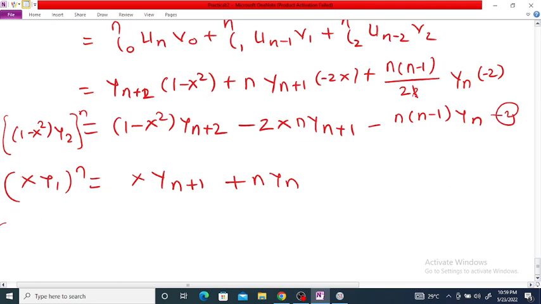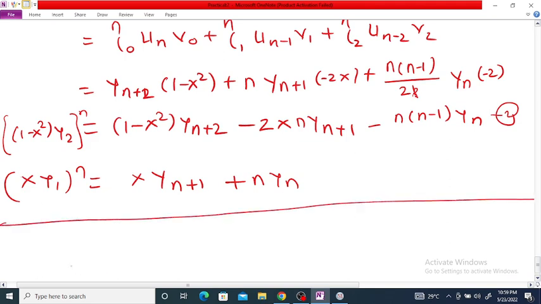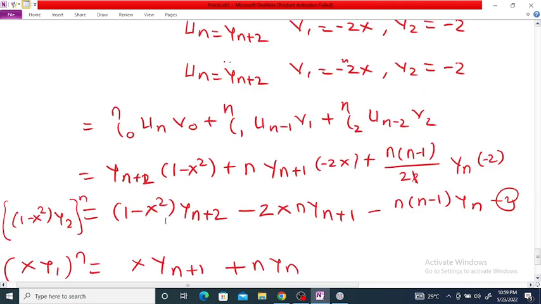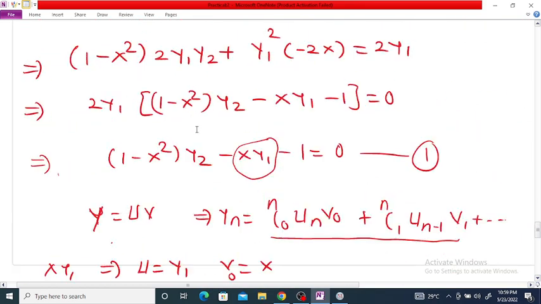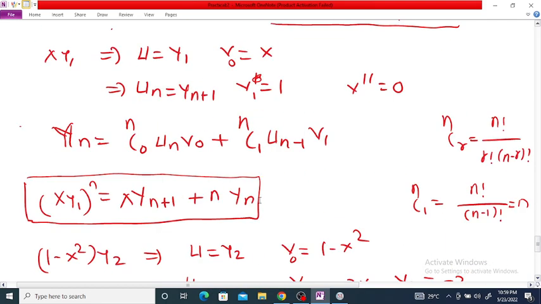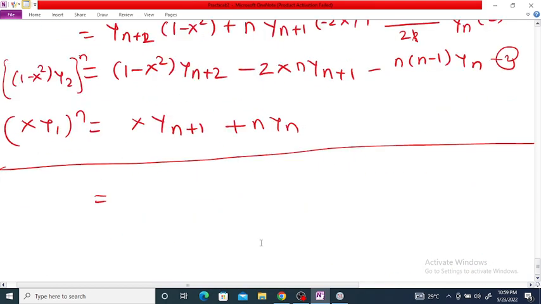If we subtract these two equations, since we want the solution for equation 1, the nth derivative of 1 is 0, and the nth derivative of this term is 0. We have determined the nth derivative of these two functions. So if you subtract these two, we get (1 minus x square) yn plus 2.